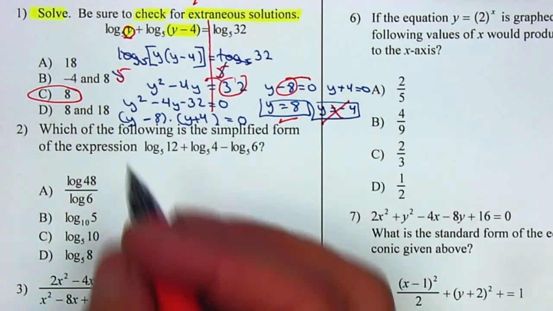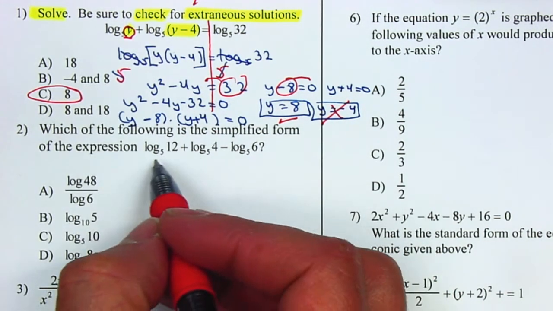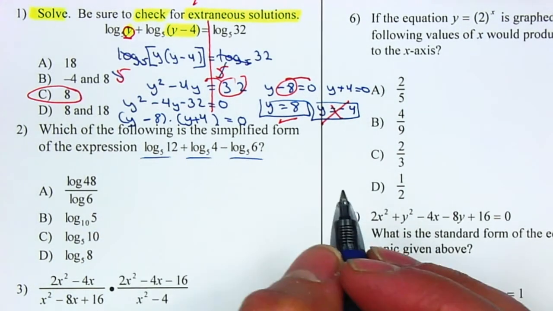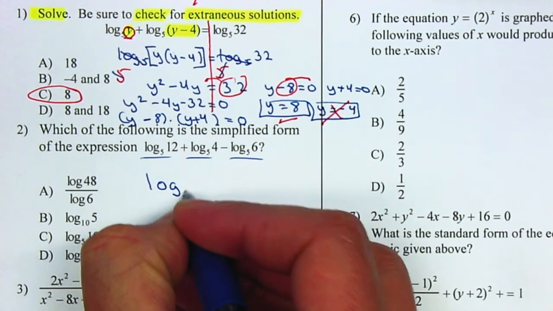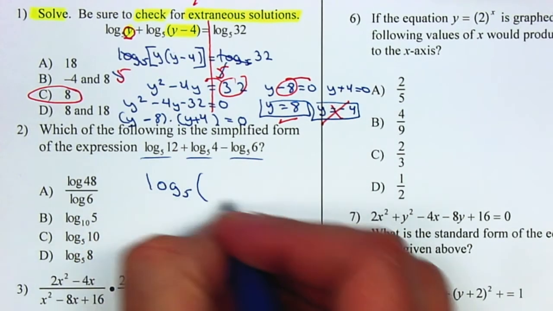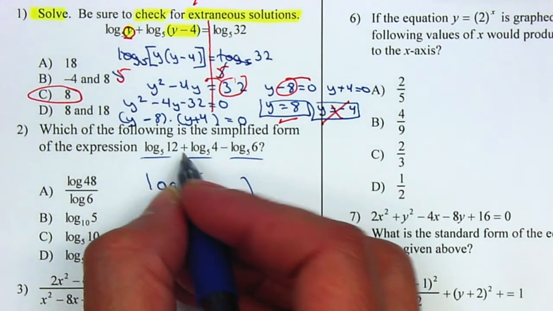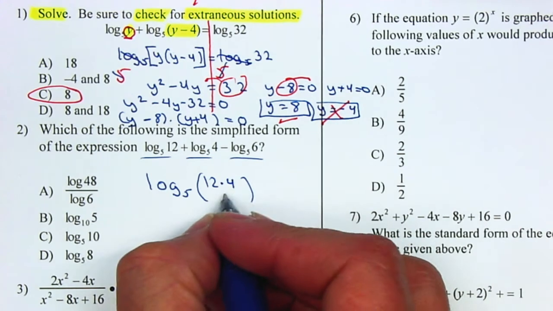Problem number 2. Which of the following is simplified form of the following expression? We have 3 logs. I want to be able to condense all 3 logs into one. And I'm going to place in parentheses. The 12 and the 4 are adding, so that means I need to multiply the 12 times the 4.